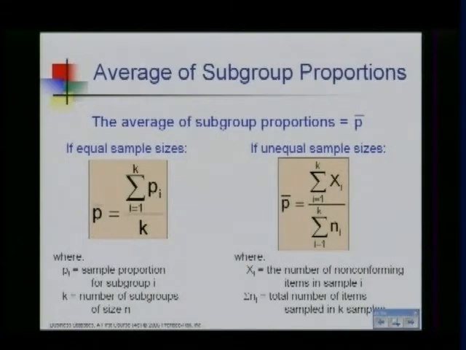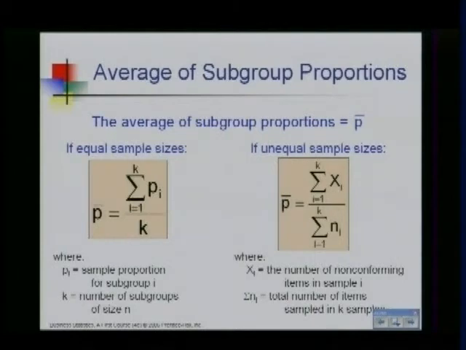Alternatively, especially if I have unequal sample sizes, I can add up the number of defective things, non-conforming items, whatever they are, that's X, add those up and divide by the sum of N, which is the total number of items sampled in K samples.